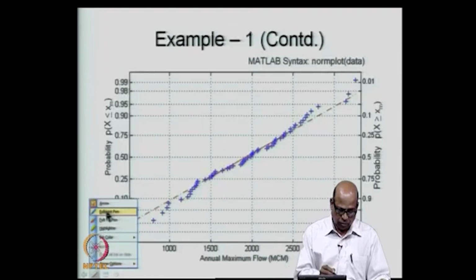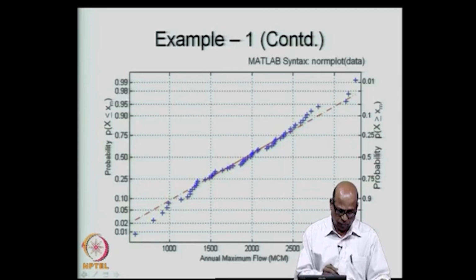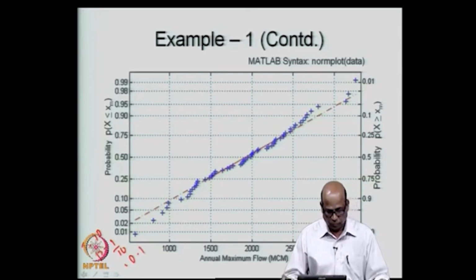That will correspond to a probability of 1 by 10, which is 0.1, and T is equal to 100 may correspond to 1 by 100, which is 0.01.